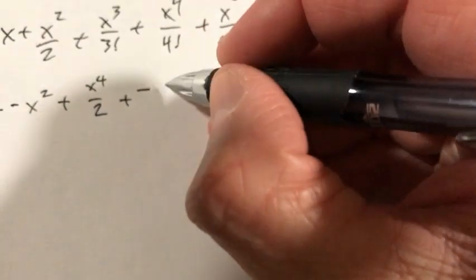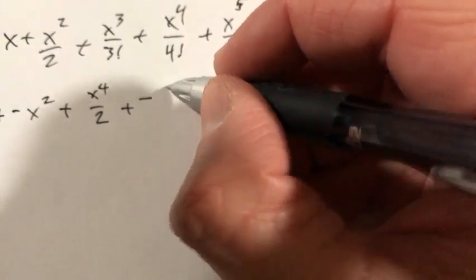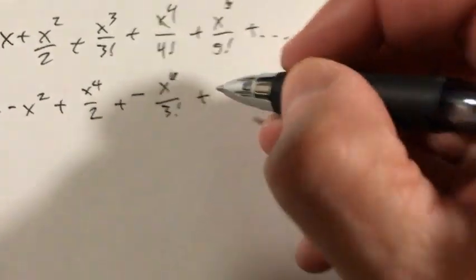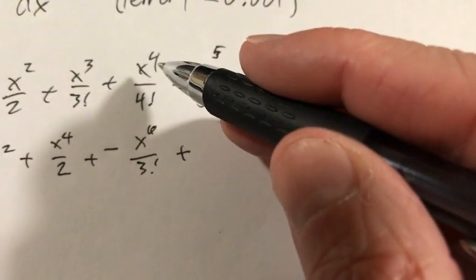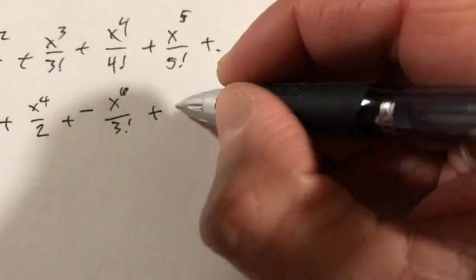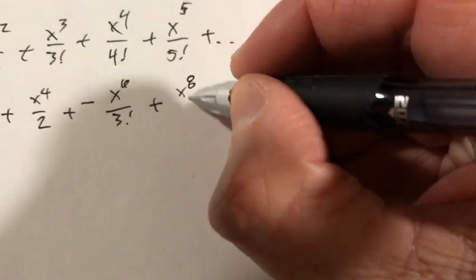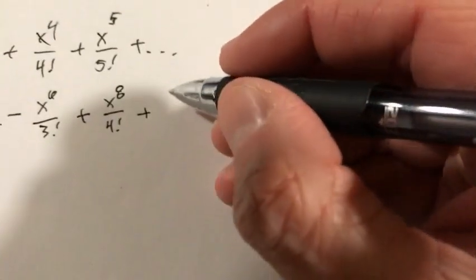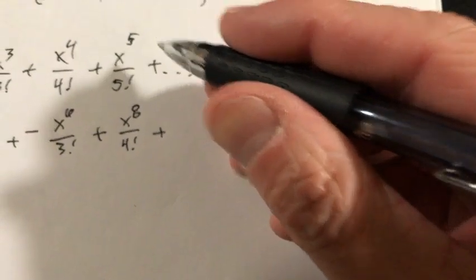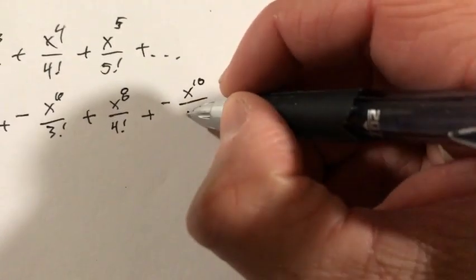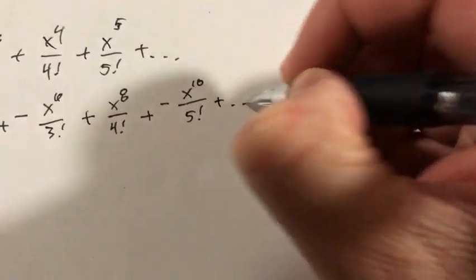Let's go with negative x to the sixth over 3 factorial plus, let's see, negative x squared to the fourth power would be positive. That'll be a positive x to the eighth over 4 factorial plus we'll have a negative to an odd power. That'll be a negative x to the 10th over 5 factorial, etc. We'll see where that goes from there.